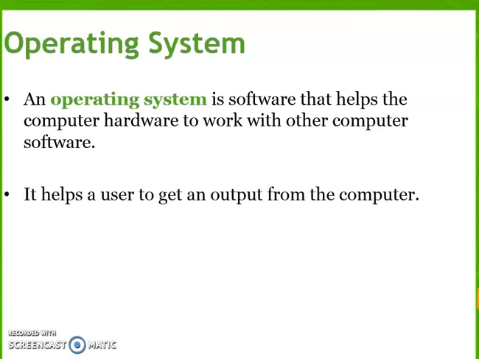It helps the user to get an output from the computer, because if you want some output, then you give the computer some input. When you give the input, then the operating system processes that input and performs some operations, then gives you the output.